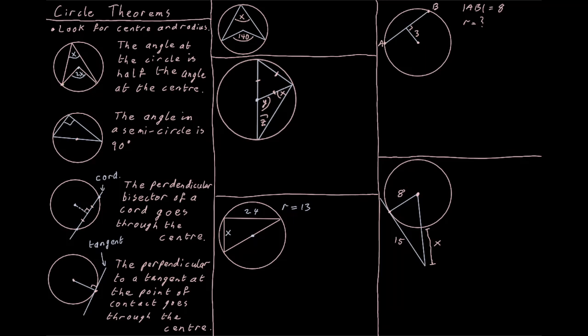So we're starting from that point and that point, and if we go to the center and out again, or to the circle and out again, we have this pattern. The angle at the circle, x, is half of the angle at the center, or the angle at the center would be double the angle at the circle. So we need to have that in the back of our minds. It's a tool that comes up in a few different circle geometry type questions.